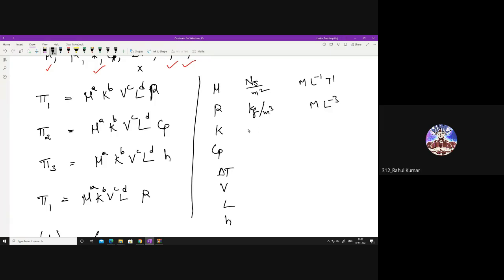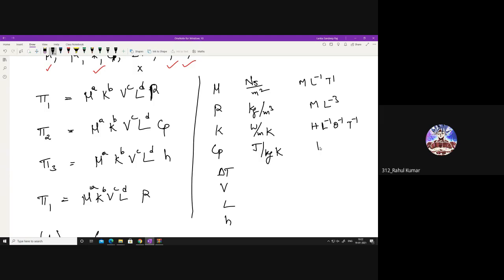For k, it is watt per meter Kelvin. Watt, you can write as joule per second. If you write it as joule per second, what you have is H L power minus 1 per meter. For k, you have theta to the power minus 1 and T to the power minus 1. Coming to cp, the unit is joule per kg Kelvin.